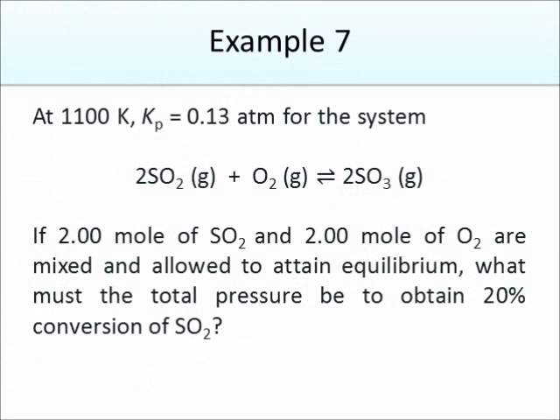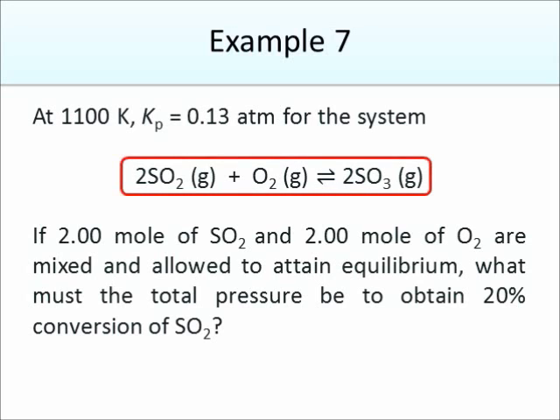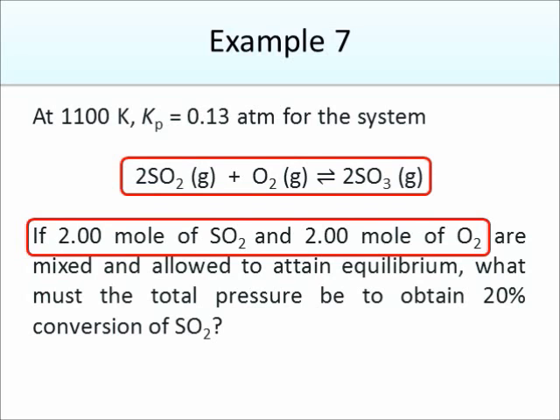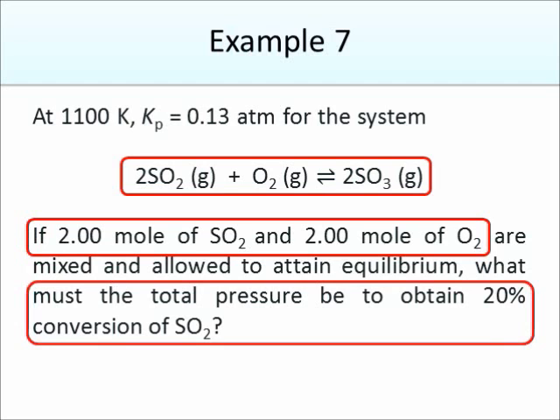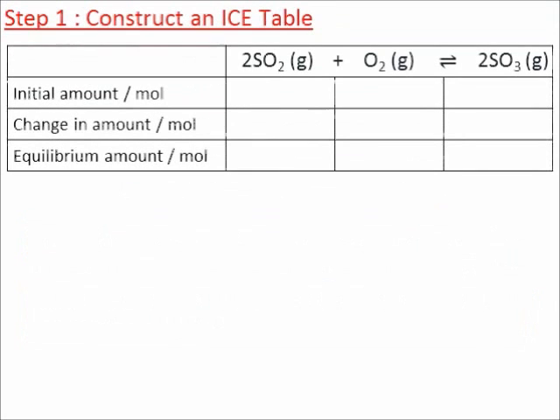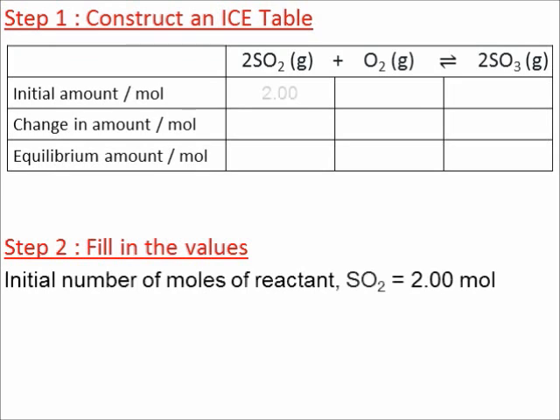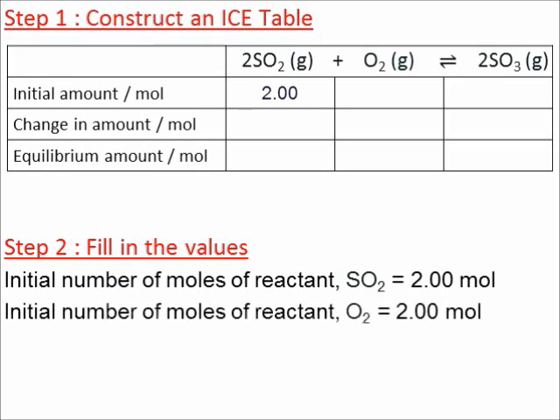In this final example, we look at an entirely gaseous system. The initial amounts of reactants are given, and so is the value of Kp. But the last statement demands the most attention. Construct an ICE table and fill in the initial amounts of reactants and products.